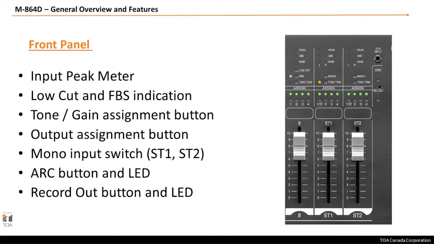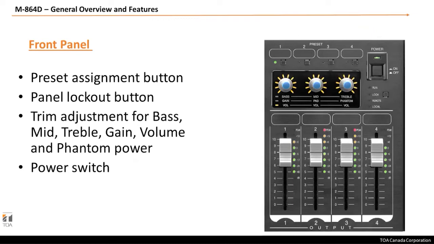Obviously, tone and gain assignment button is there, as well as the tone and gain control LED, output assignment button, mono input switch for the stereo inputs as well in order to turn them to mono. The ARC button and the LED function is also monitored from the front panel, and the record out as well.